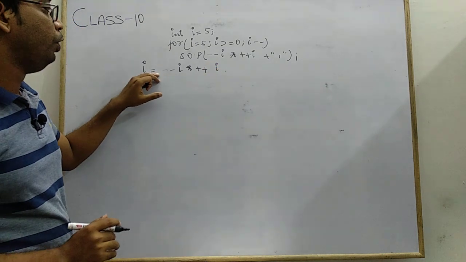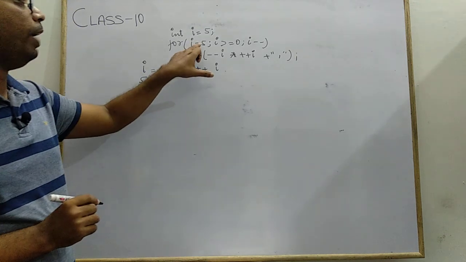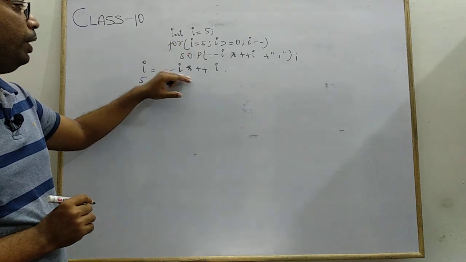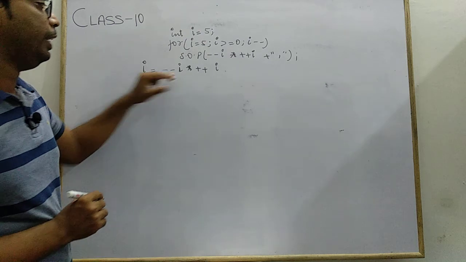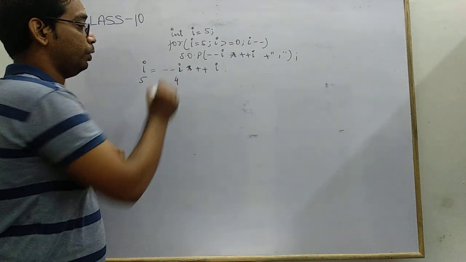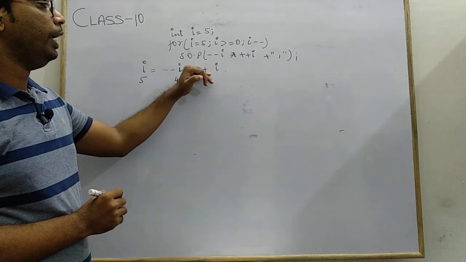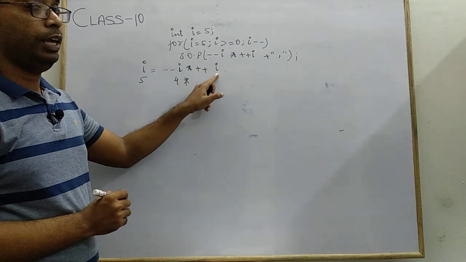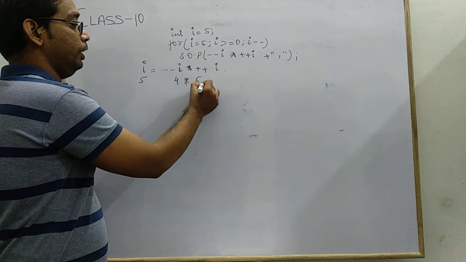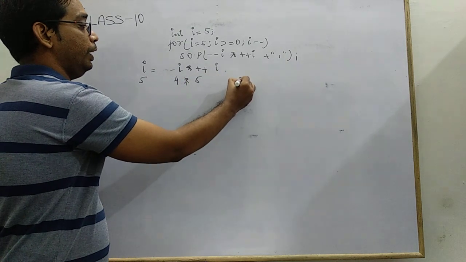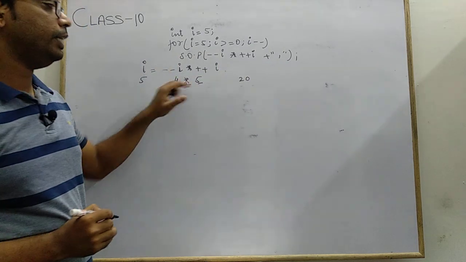First of all, the value of i is 5. Now --i is one decrement, so it comes 4, multiplied by ++i, an increment, so it comes 5. The result is 20, 5 into 4.